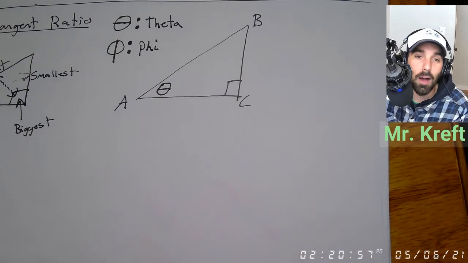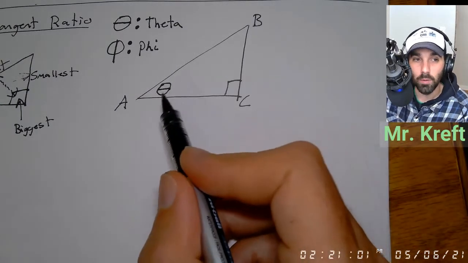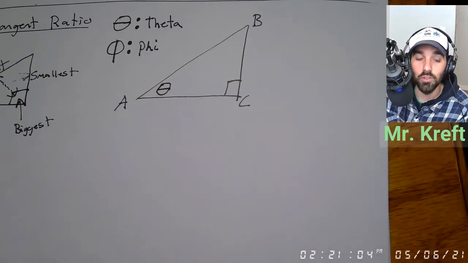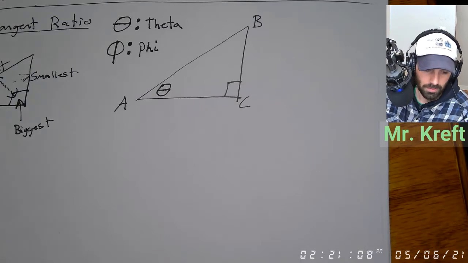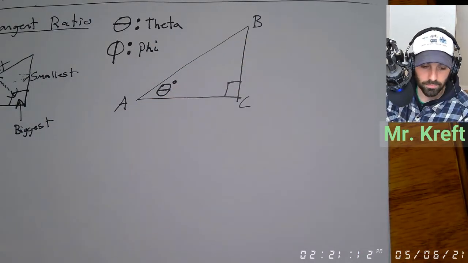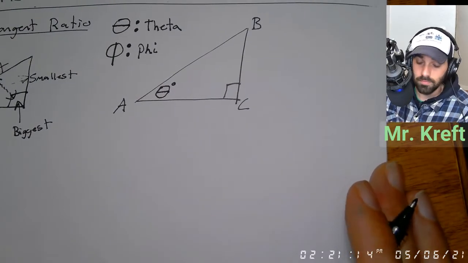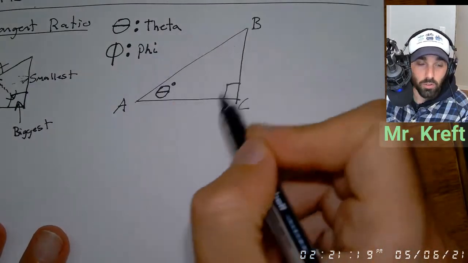So theta represents some unknown angle. I use that instead of x or y, so that when I put theta, you guys know I'm talking about an angle and not a side. I can even put degrees on it, so theta degrees. Now, we're looking at this triangle and we want to figure out relationships holistically.